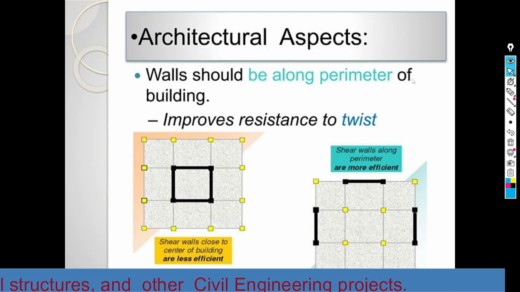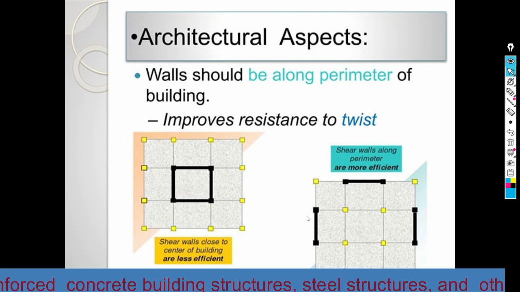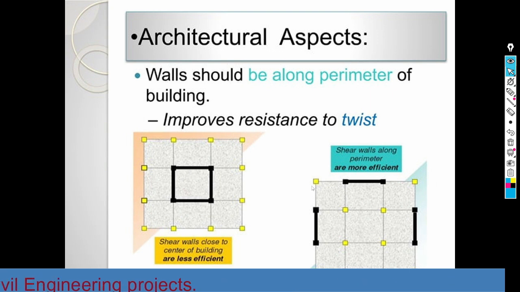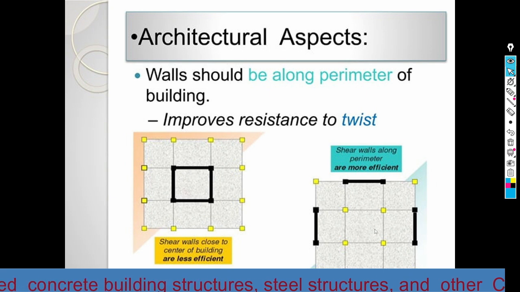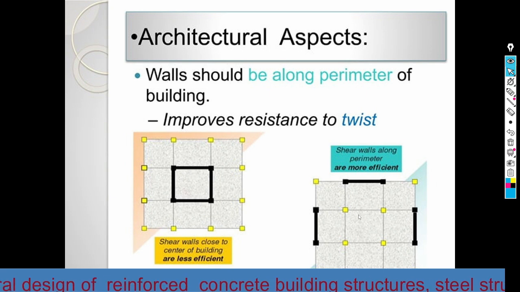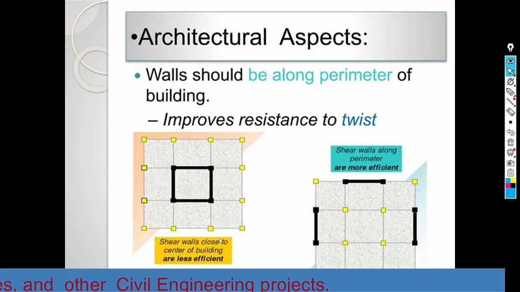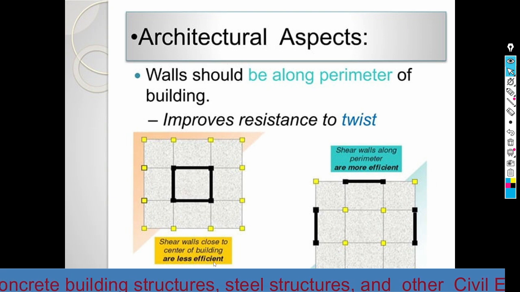And walls should be along the perimeter of the building. That means here we need to provide the walls along the periphery of the building. It is not advisable to provide shear walls in the interior portions, except whenever there is a mandatory provision of the core walls. Here, shear walls close to the center of the building are less efficient.